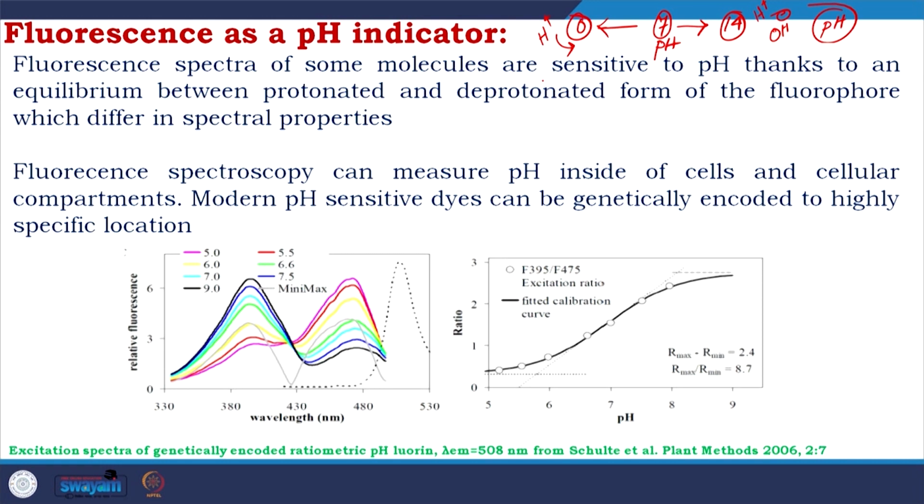It starts with 5, 5.5, 6, 6.6, 7, 7.5, 9, and when you do that, you see the changes which is plotted to get a correlation. That is why fluorescence here working as a pH indicator.